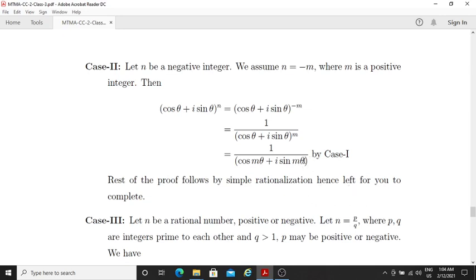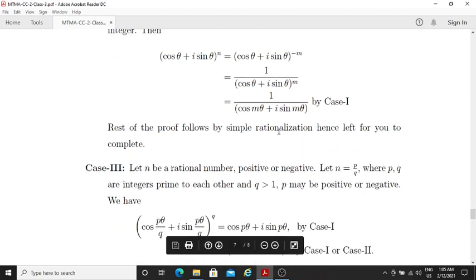Rationalization means you have to multiply by the conjugate of this at the denominator as well as the numerator. If you multiply by the conjugate here, then it will be cos square m theta plus i square sin square m theta, and that will give you 1, and on the numerator you will be left with certain things, and then some trigonometric result will give you the actual proof.